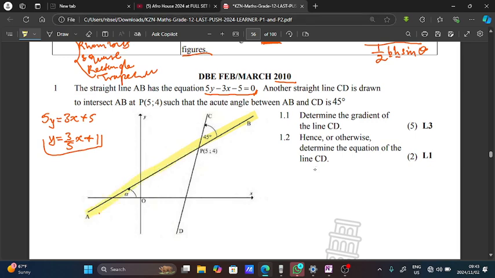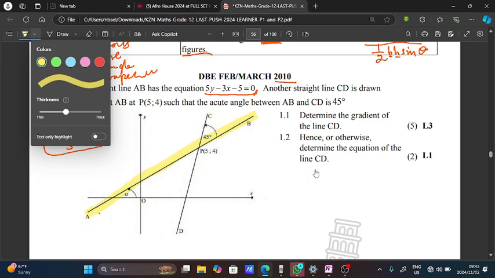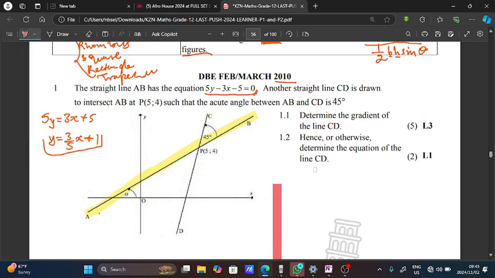You see that again? And then now they're talking of line CD. This is line CD in that case.